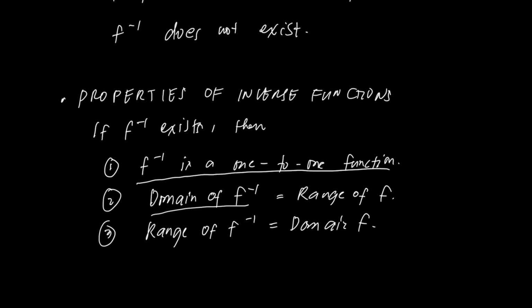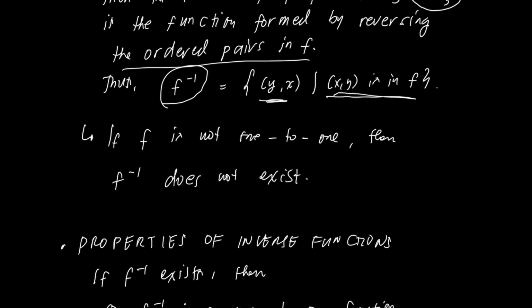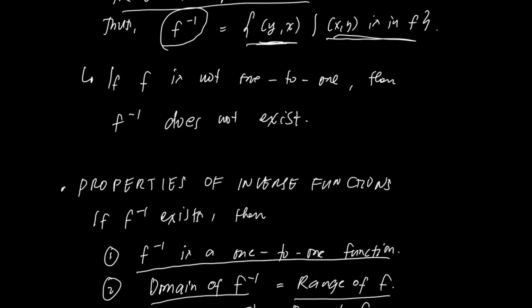Then the domain of the inverse function is equivalent to the range of f, and the range of the inverse function is equivalent to the domain of f. Clearly, based on the definition, we just reversed the elements in the ordered pairs, so the domain of the inverse function is the range of the original function, and the range of the inverse function must be the domain of the original function.